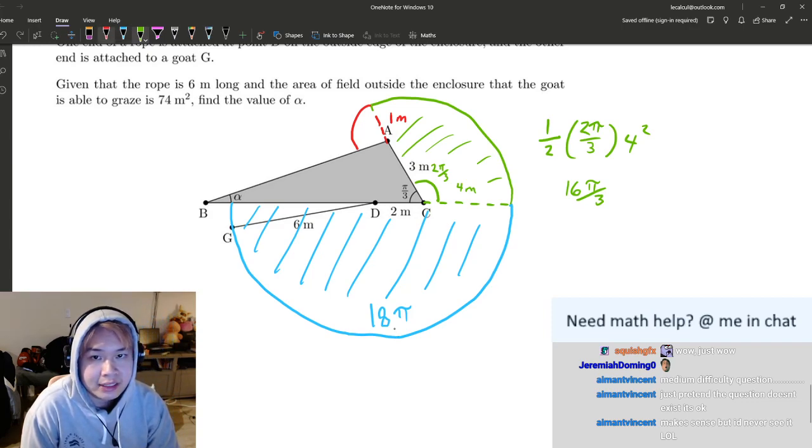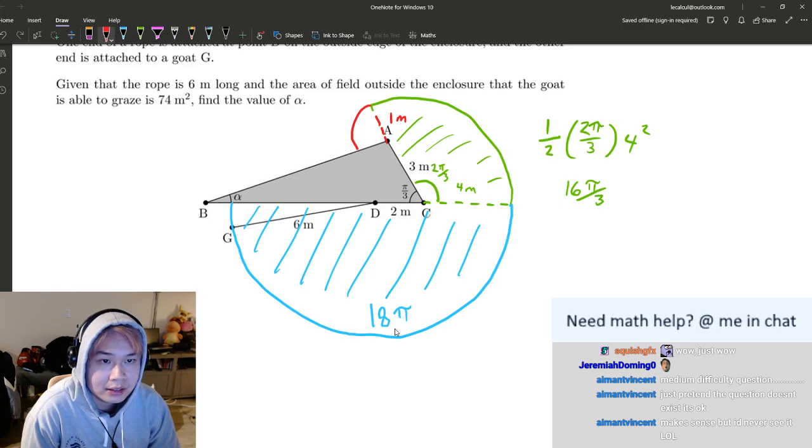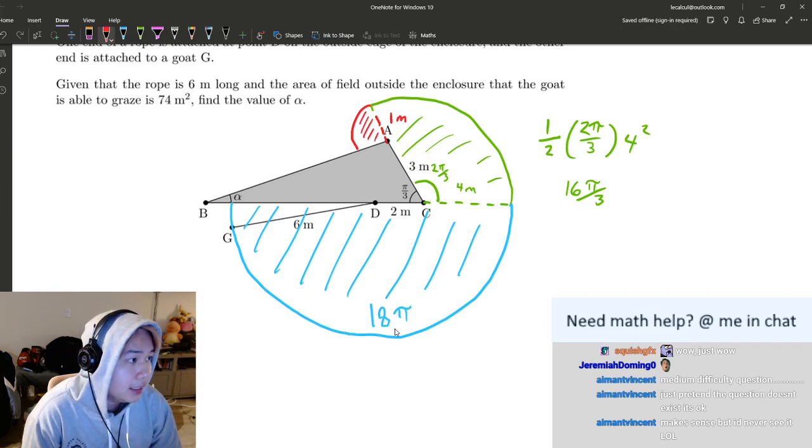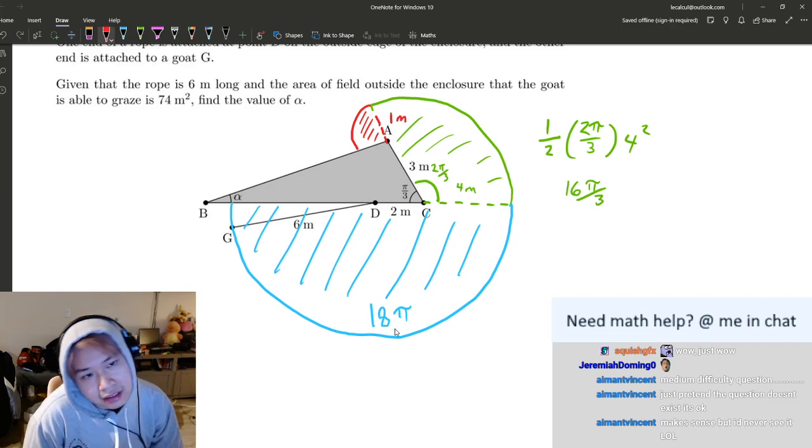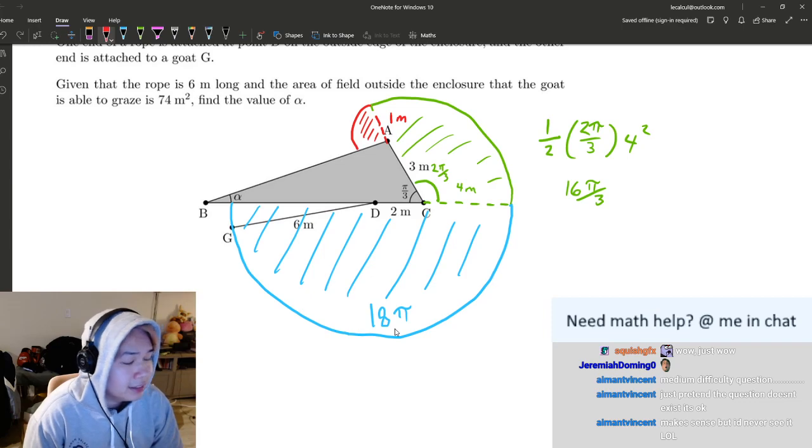And then likewise, the very last section right here is going to be some amount that I'm not entirely sure how we can figure that out, because I don't know what angle this is off the top of my head.